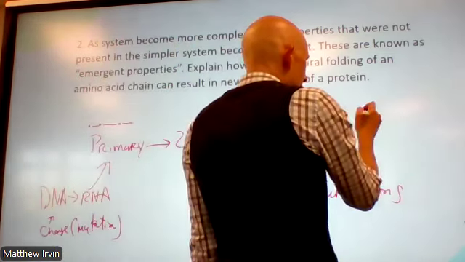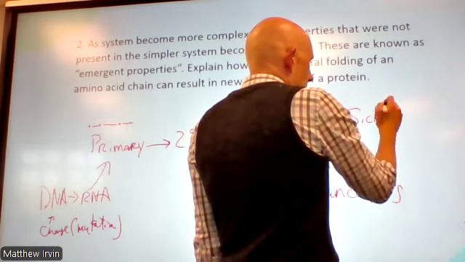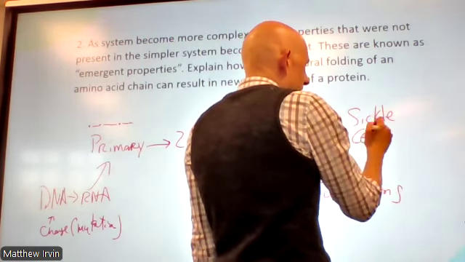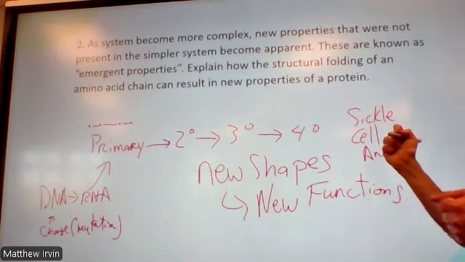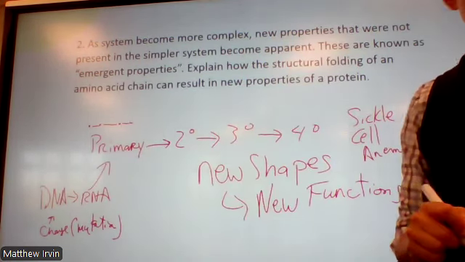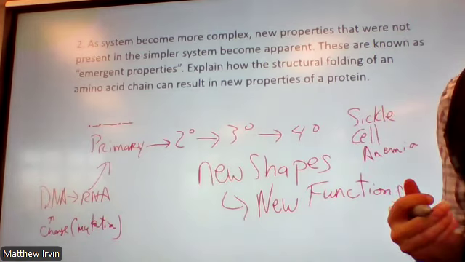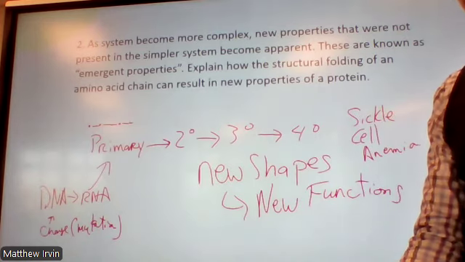And that could be something like our good friend, sickle cell anemia. Or maybe something positive, and you get a new mutation, which then gives you some new raw material for natural selection.